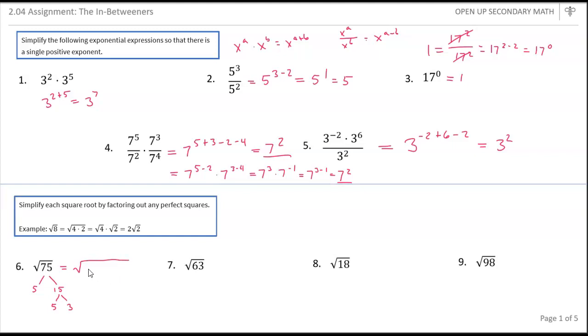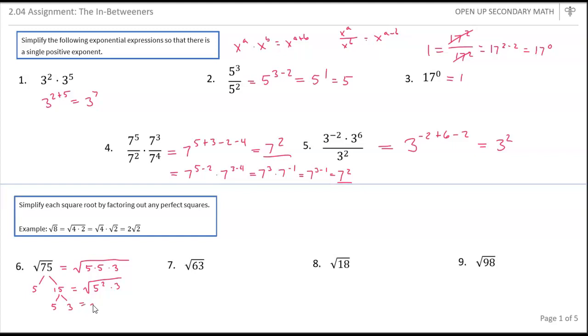Now the reason we would do this is because we're going to write root 75 equals root of 5 times 5 times 3. But we know that 5 times 5 is a perfect square, so this is the same thing as root of 5 squared times 3.